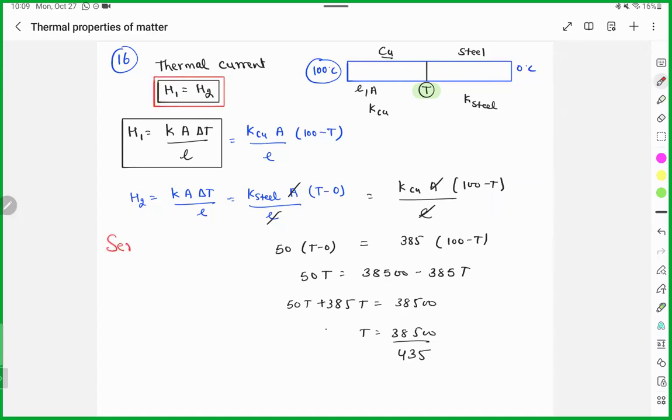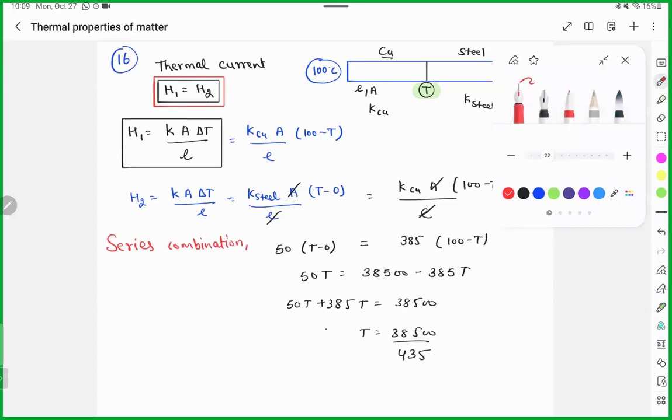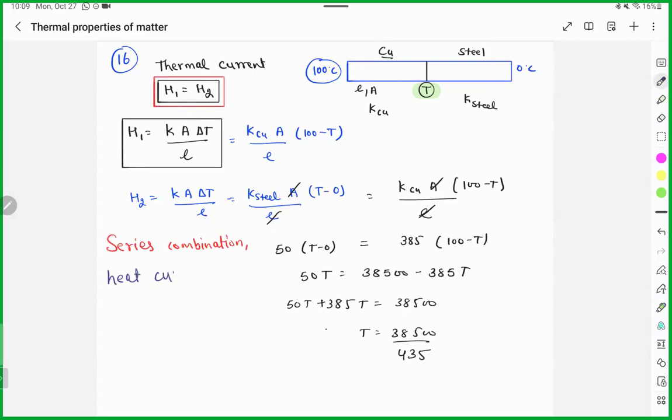Because in case of series combination, you know in an electric circuit current is same, here heat current will be same in case of series combination. Understood? Any doubt?